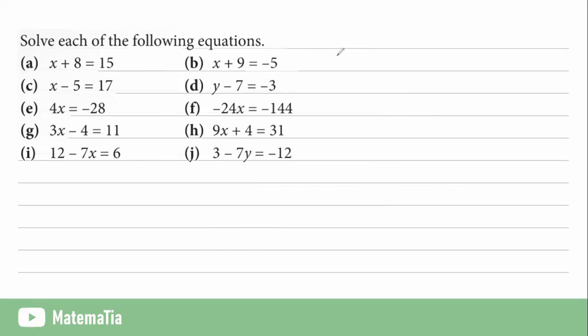Okay, now I will show you how to find the solution of question G. We have 3x minus 4 is equal to 11. So we may think, 3 times what number, and then minus 4, is equal to 11.